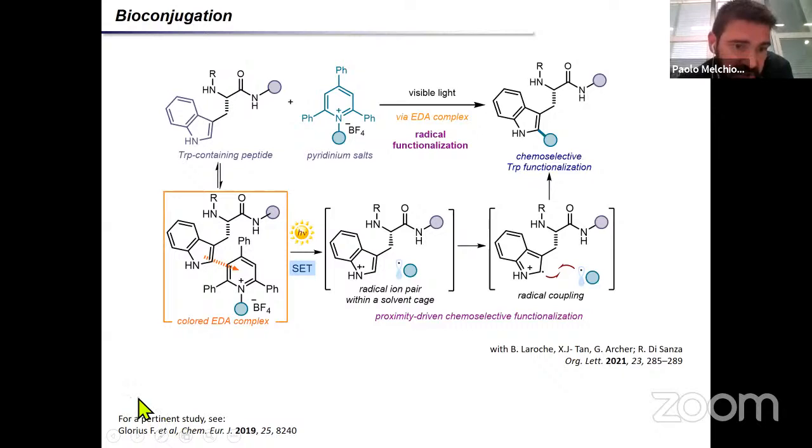There are different studies, such as, for example, this one by Frank Glorius demonstrating the feasibility of this interaction. And then, shining light over this EDA complex, we should generate an alkyl radical coming from this fragment of the Katritzky salt that could promote, by proximity, let's say, the selective functionalization of the tryptophan at the 2 position of the indole nucleus. This was the idea.